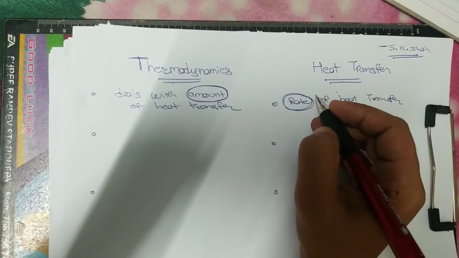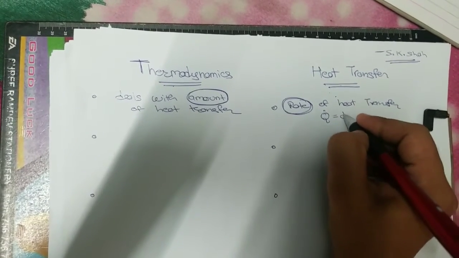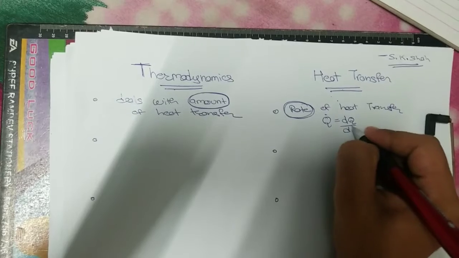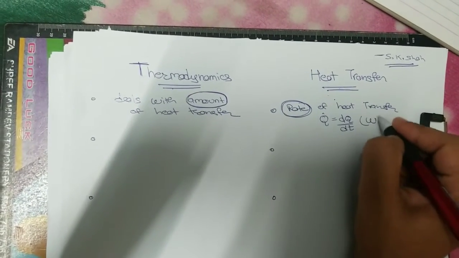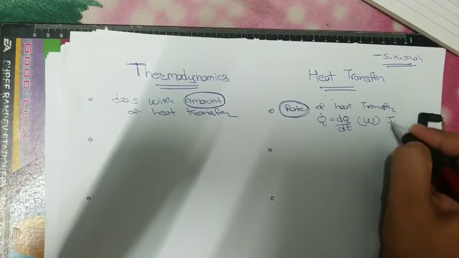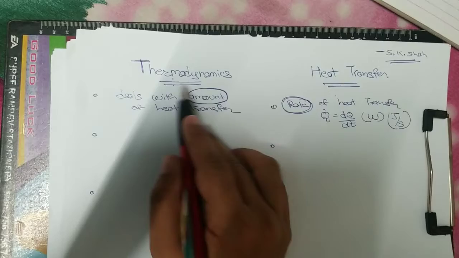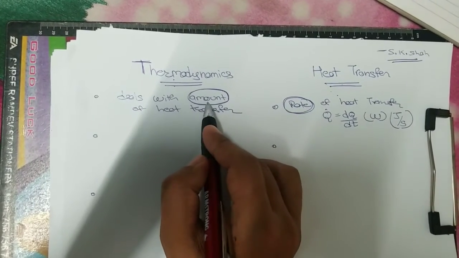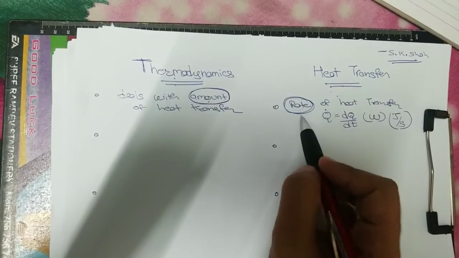We can say that the rate of heat transfer, that is q dot, is equal to the change in heat with respect to time, which has a unit of watt, that is joule per second. So this is one of the major differences: thermodynamics deals with amount, that is an absolute number of heat, while heat transfer deals with the rate.